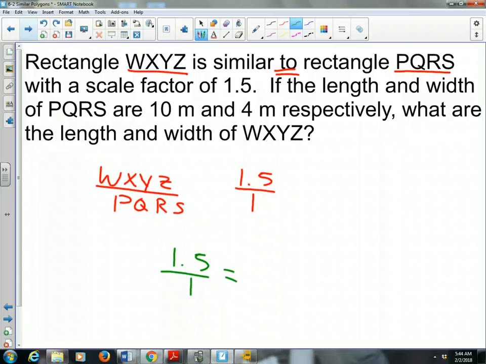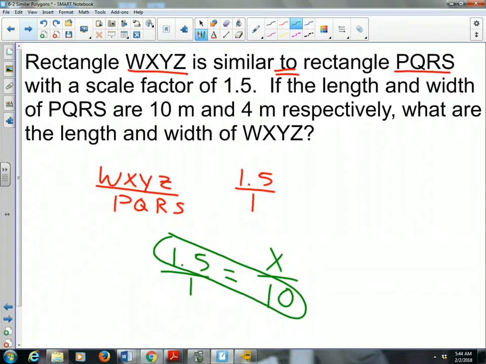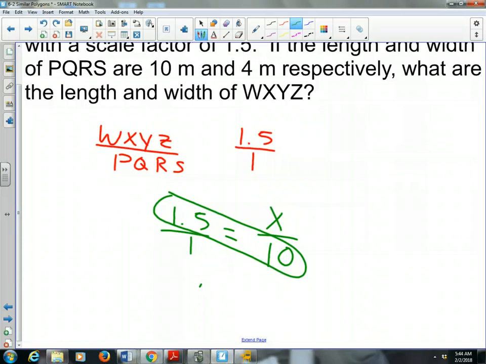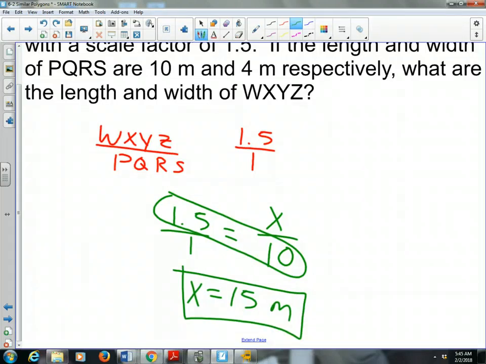We want to know the length of WXYZ, but we know the length of PQRS is 10. So now we can simply cross multiply here to find the length of WXYZ. 1.5 times 10, x equals 15 meters. So it's 1.5 times bigger, 10 times 1.5 of course.